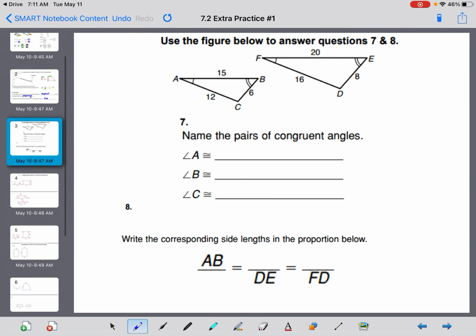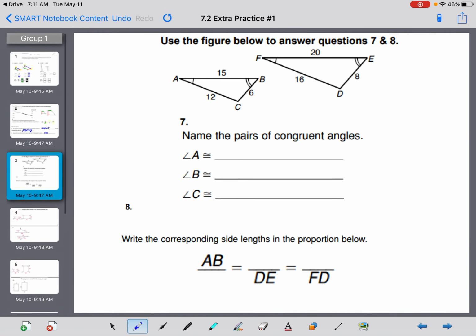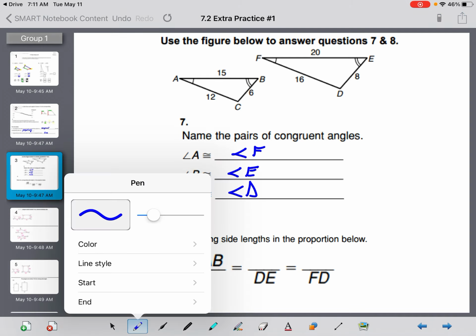Use the figure below to answer the questions. It says name the pair of congruent angles. Well, A is congruent to angle F. B is congruent to angle E. And C is congruent to angle D. Okay, and write the corresponding side lengths below.